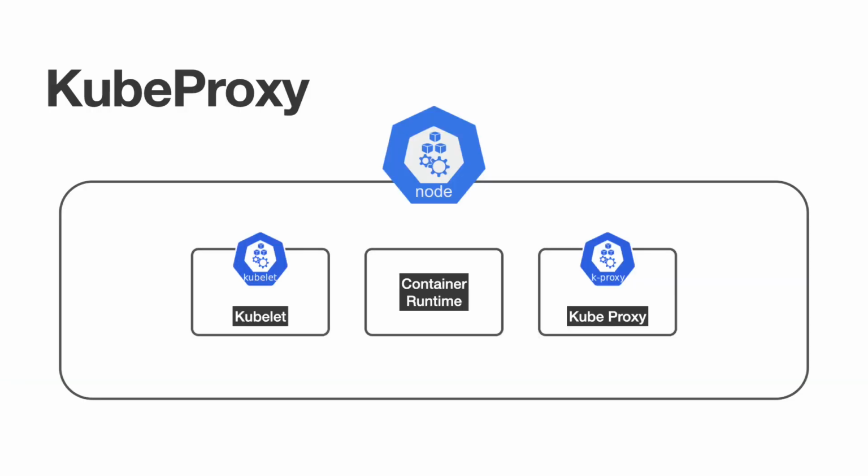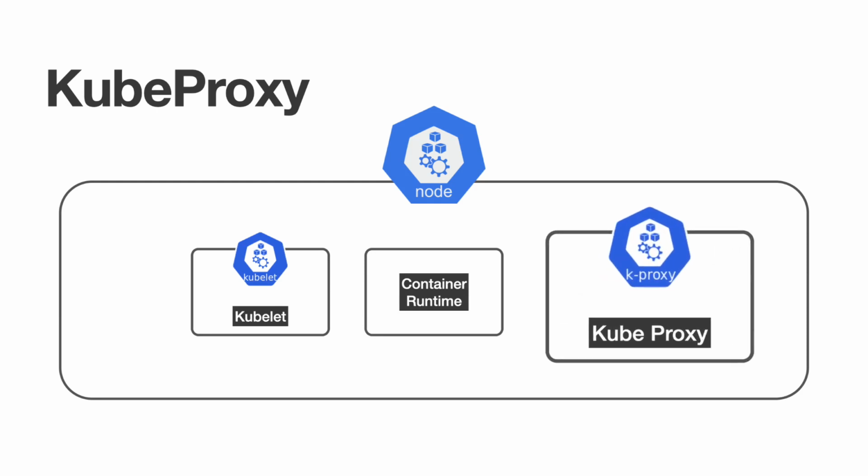Right, the last piece of the puzzle that I want to talk to you about when it comes to service discovery is kube-proxy. Early in this course, when we learned about the Kubernetes architecture, you saw that each node has these three components: the kubelet, container runtime, and kube-proxy. So let's focus on kube-proxy because this fits in with this section.